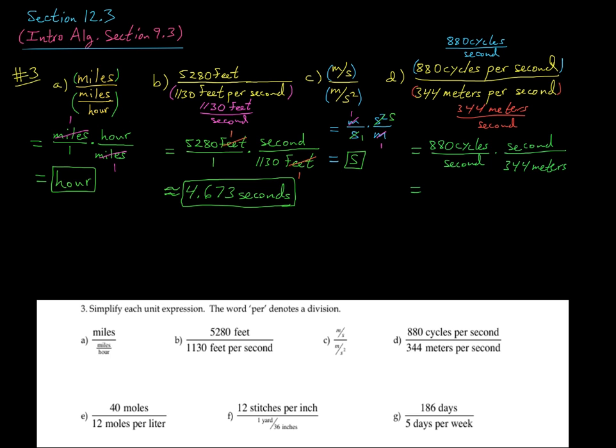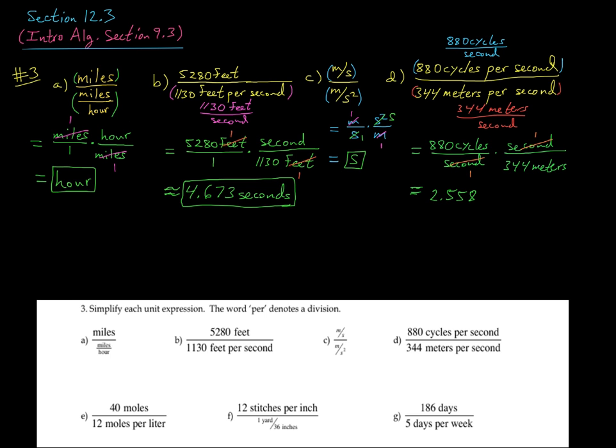And so what's left over? Well, the units of seconds drop out here and here, and then I have 880 divided by 344. Again, that's not a terribly clean answer. It's approximately, say to the nearest thousandth, 2.558.